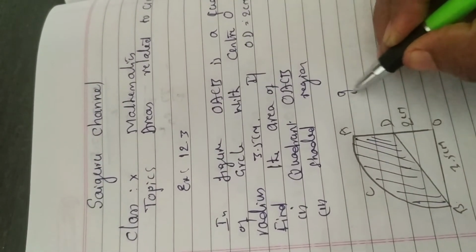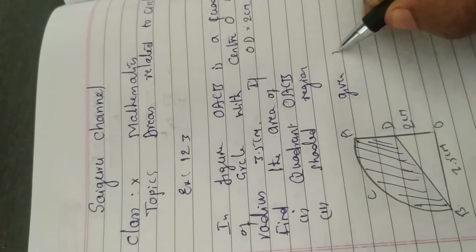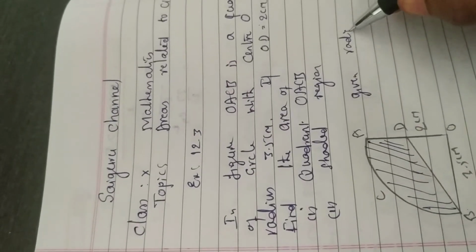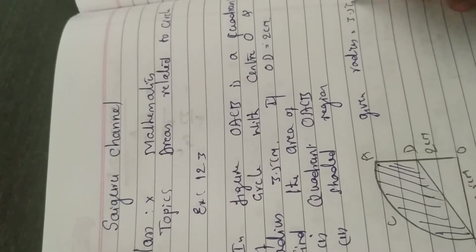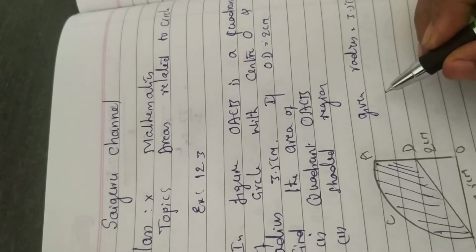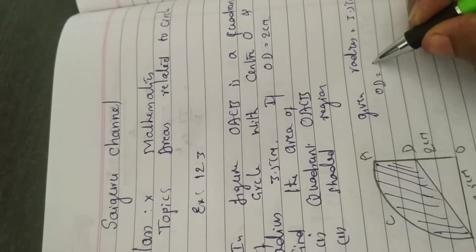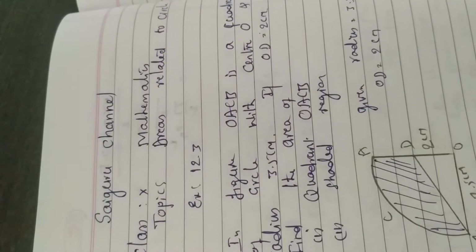Before that, we have to write the data. Given radius is equal to 3.5 centimeter, and one more is the line segment OD, which is equal to 2 centimeter.